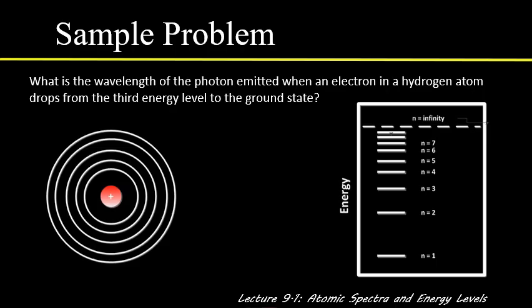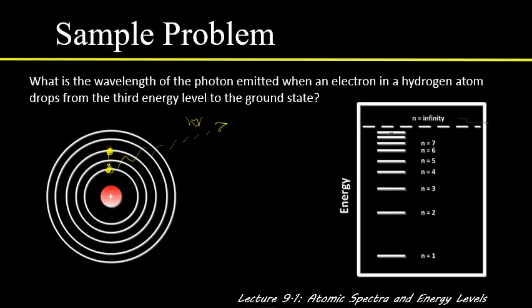Okay. So let's sketch this out, first of all, in both of these different models. In the Bohr model, we'd interpret that as having an electron here in the third energy level. It drops down into the first energy level, and as it decreases in energy, that excess energy is going to be released in the form of a photon. We could think of the same process in terms of the energy level diagram.